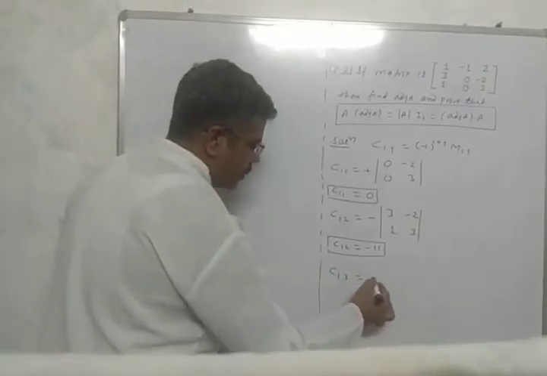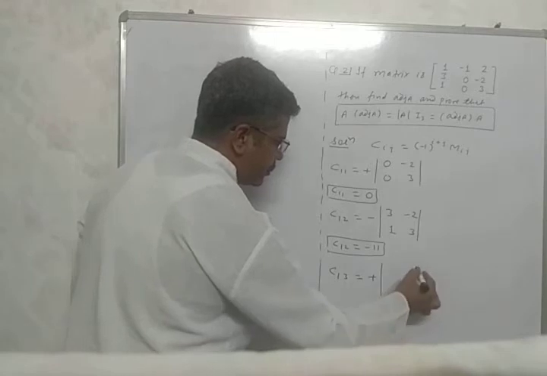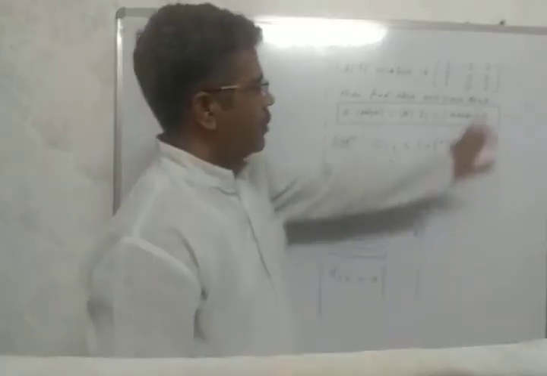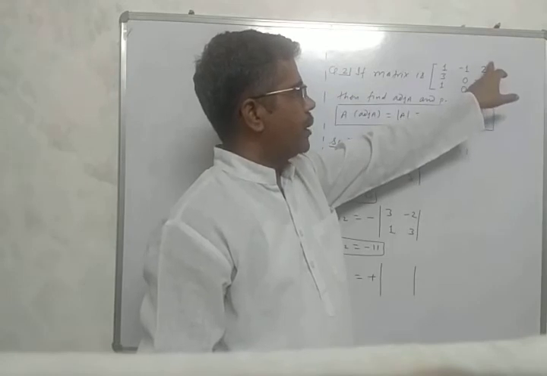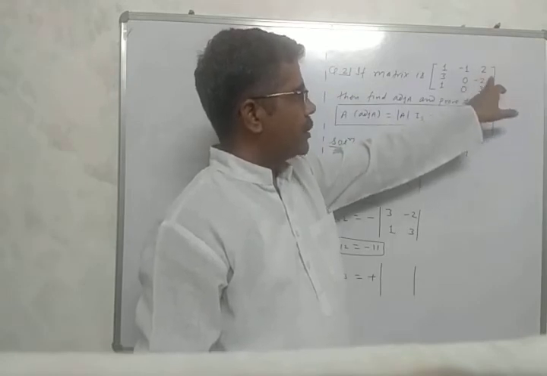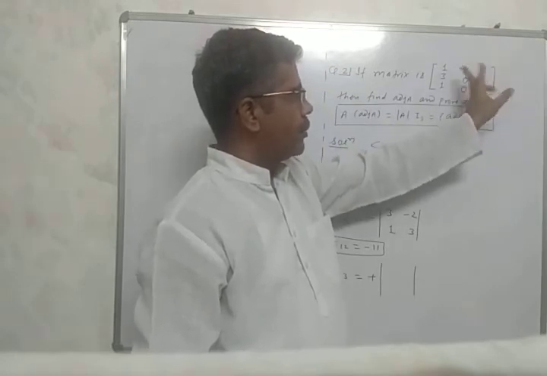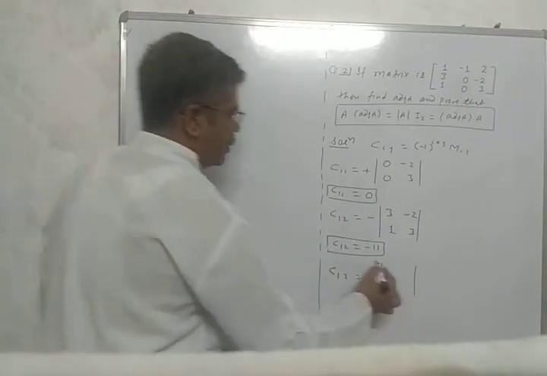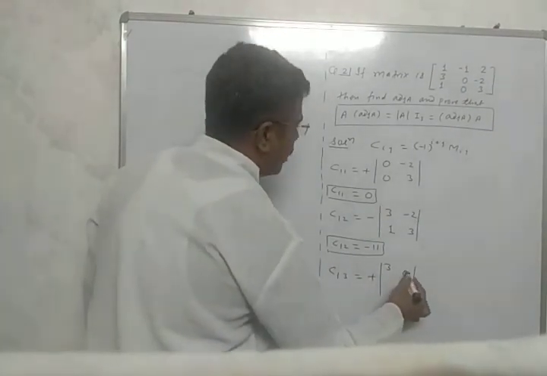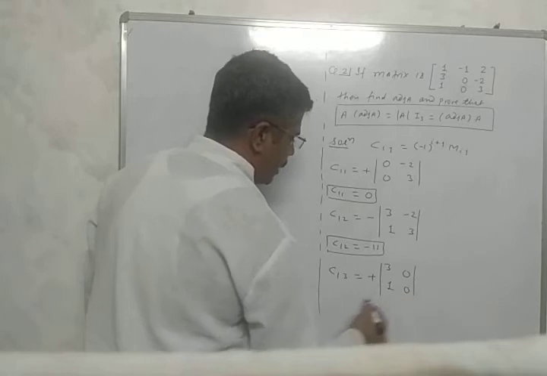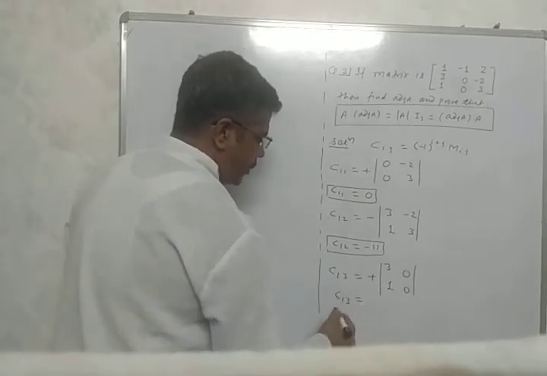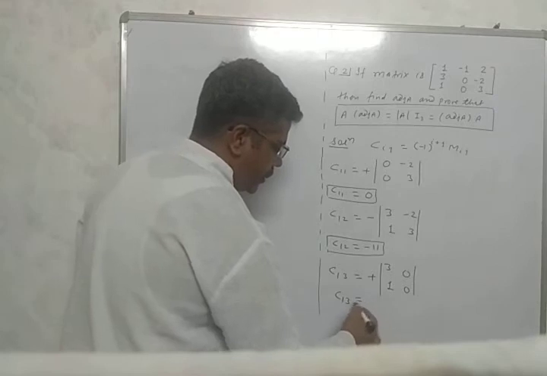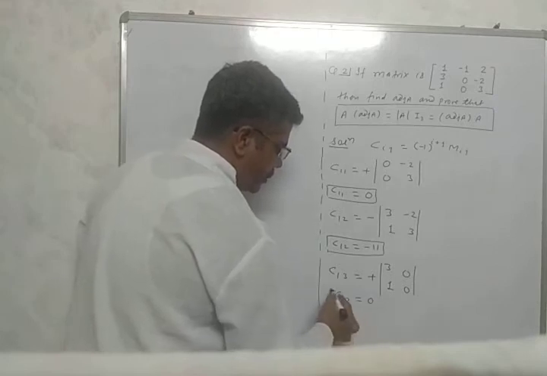C13 is positive. For this element 13, we write the minor: we delete this column and this row, we get 3 0, 1 0, and the cofactor of A13 is 0.